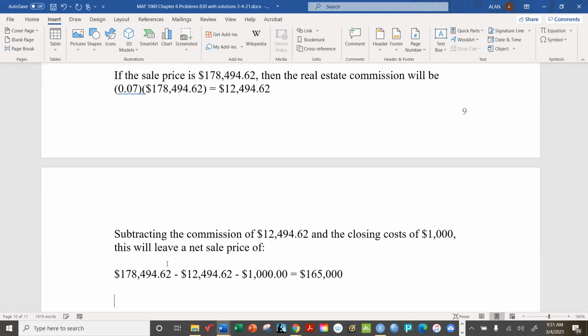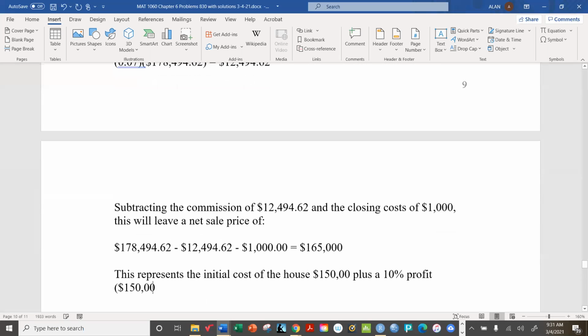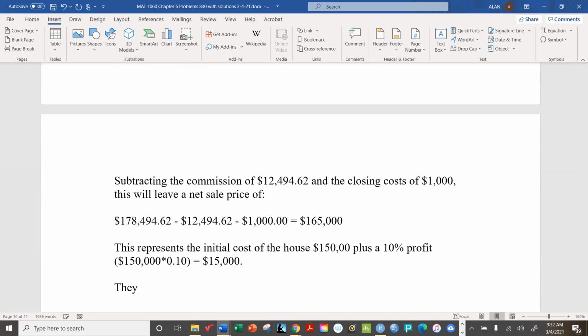Okay, so this represents the initial price or the initial cost of the house plus a 10% profit, by which we mean 150 times 0.10 is 15,000. Okay, so in other words, their objectives have been reached.